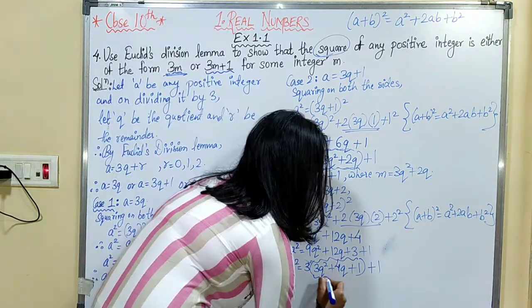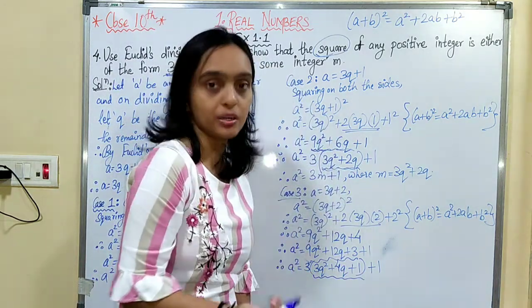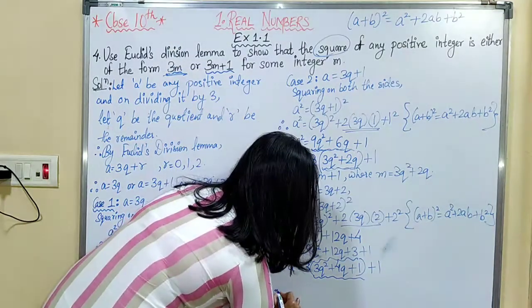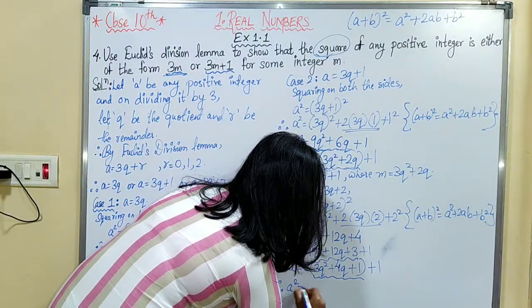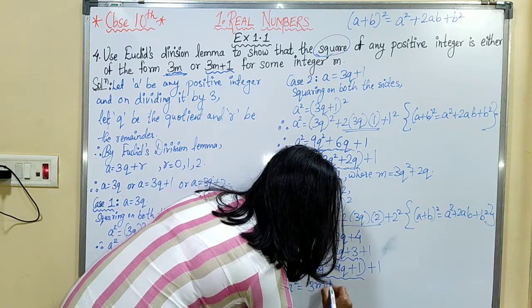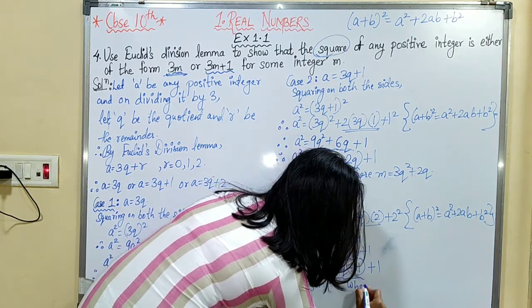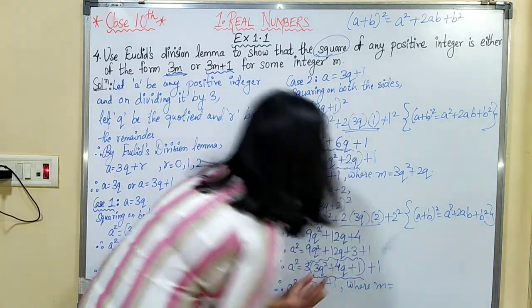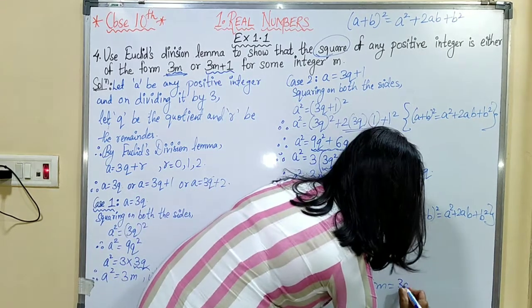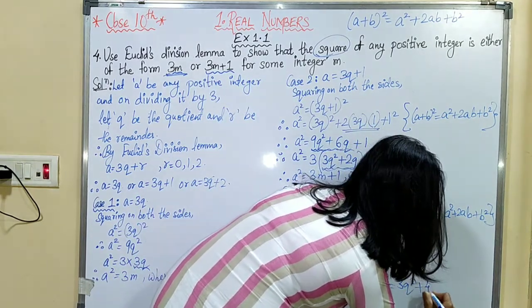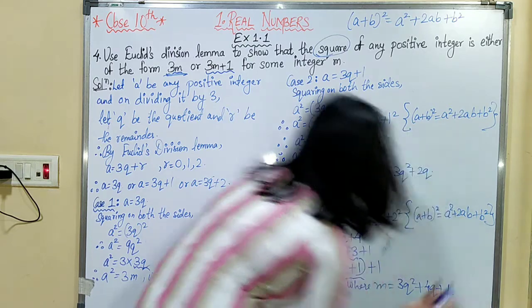So by putting the terms in this bracket as m, we will get a square equals to 3 times m plus 1, where your m is this 3q square plus 4q plus 1.